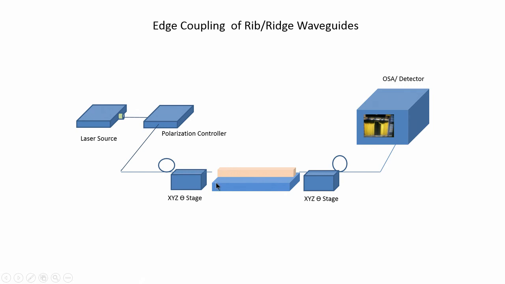The basic photonic integrated circuit is placed on a platform like this and excited with an input optical beam coming through an optical fiber.